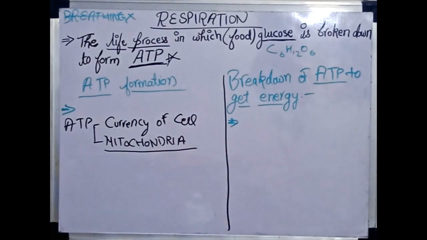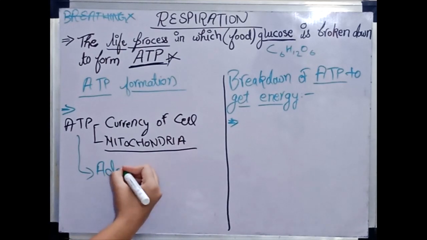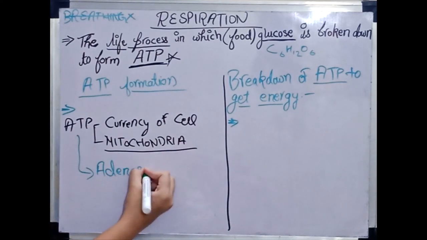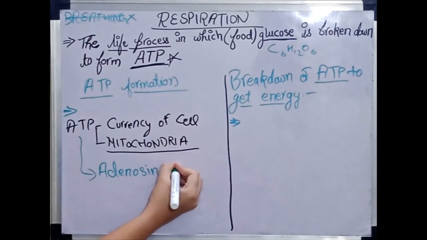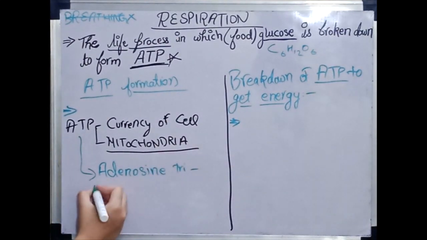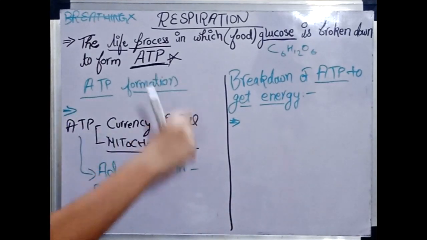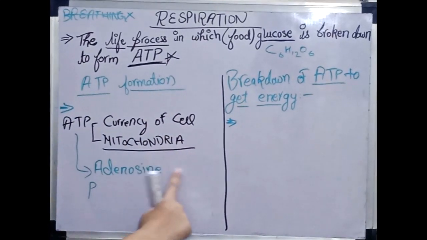Now the full form of ATP is adenosine triphosphate. Please do check out the spelling, don't write it wrong. Here I am not having space, that's why I am continuing, or else you have to write it. Let me just write it here only.